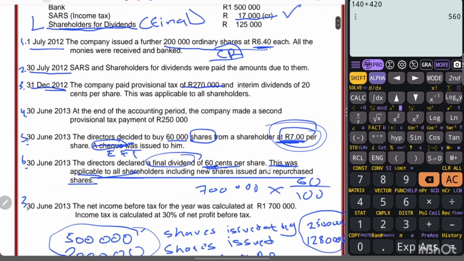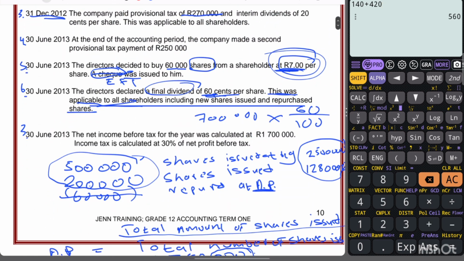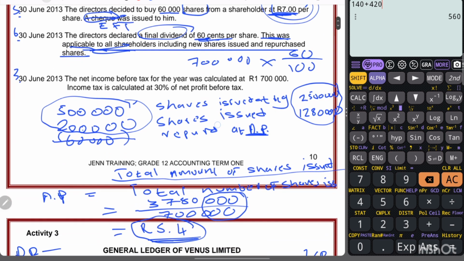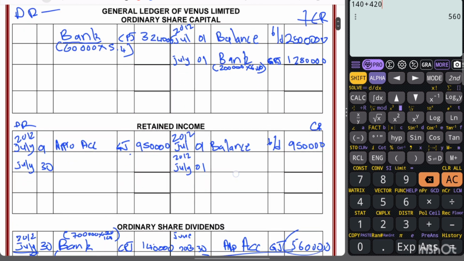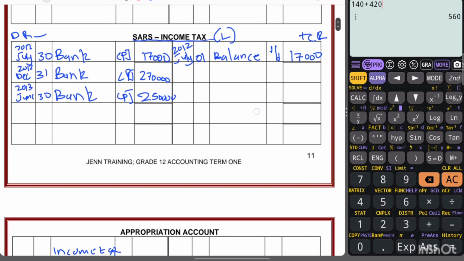Let's continue with our next information now. 30 June 2013, we are done with this one. 30 June 2013, the net income before tax for the year was calculated as 1,700,000. Okay, where do we see the net income before tax?